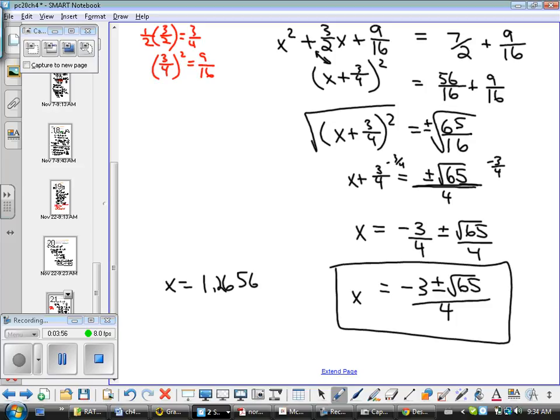Then if you go negative 3 minus root 65, divide that by 4, you get negative 2.7656. So 1.2656 and negative 2.7656. And we're just going to go put that in the graphing calculator.